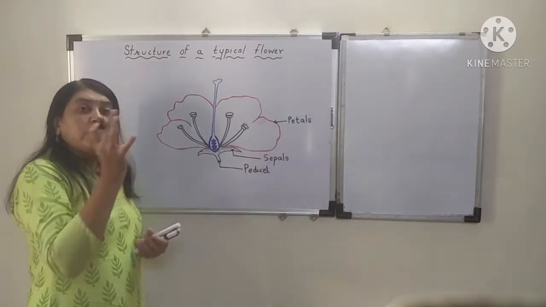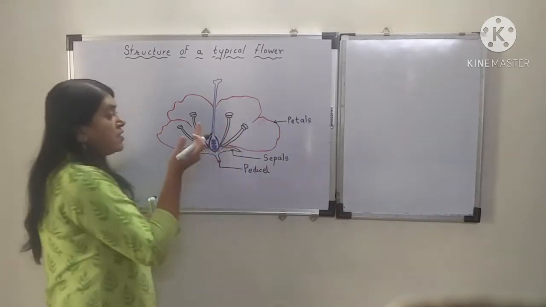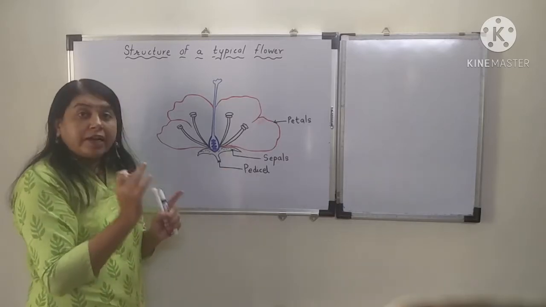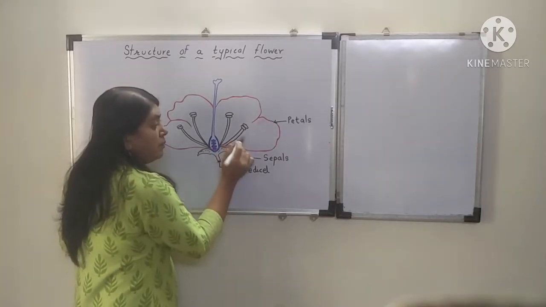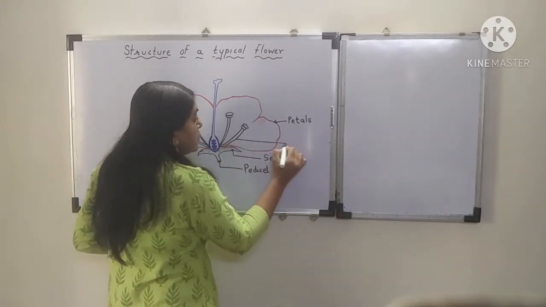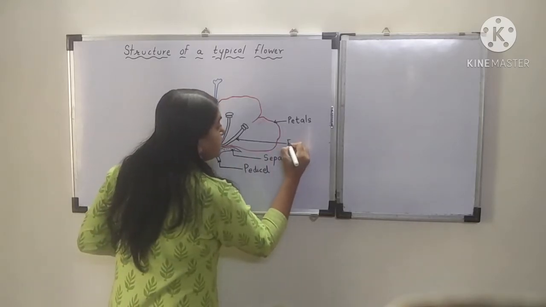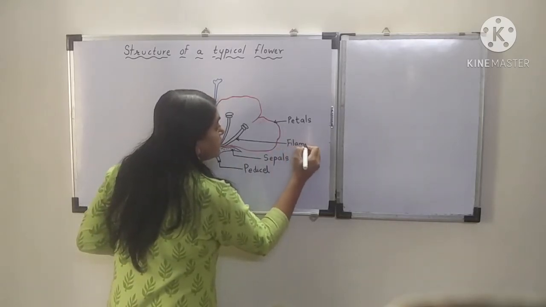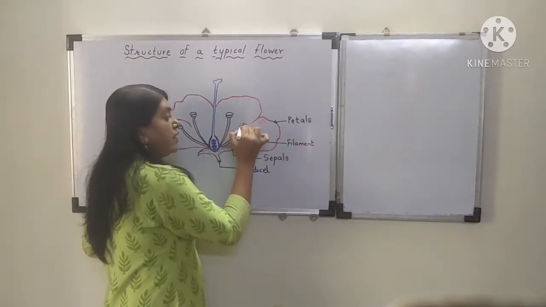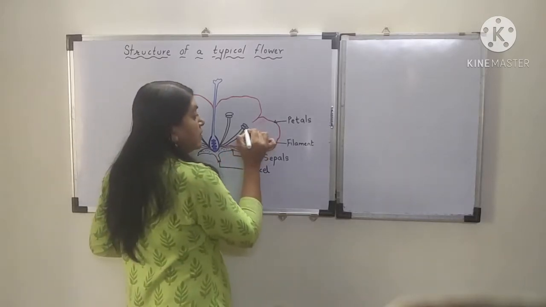Then move to the inner part of the flower. Now we will draw some labels on the left side, some labels on the right side for clear understanding. So I am labeling this part of the flower. This is called the filament. The upper part of this filament is called the anther.